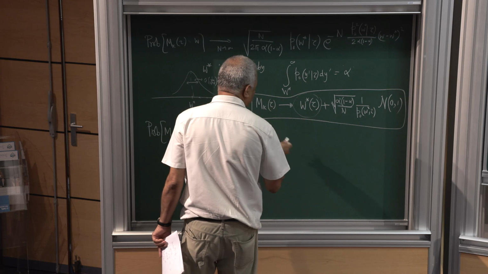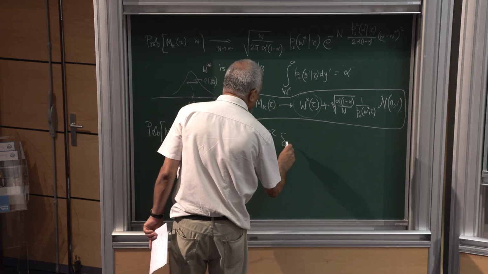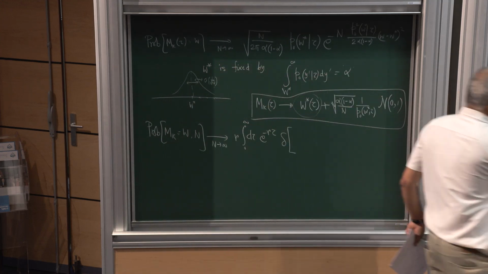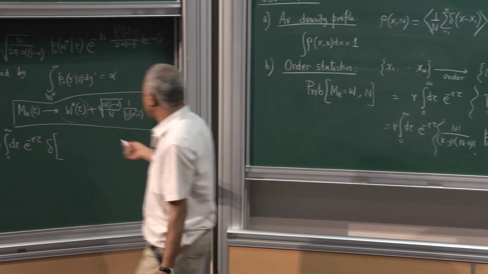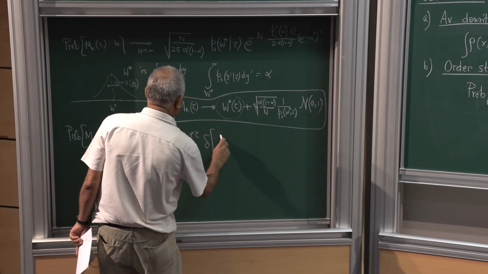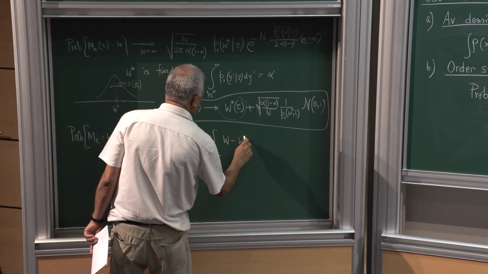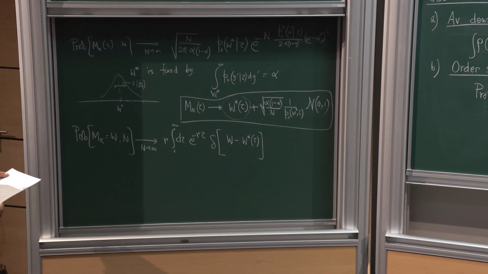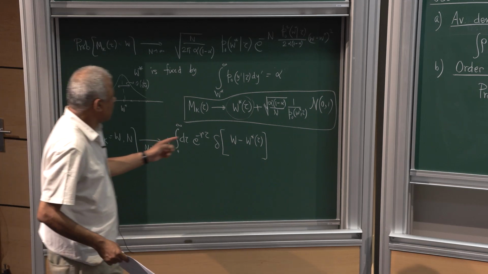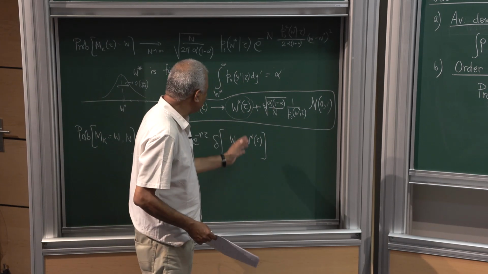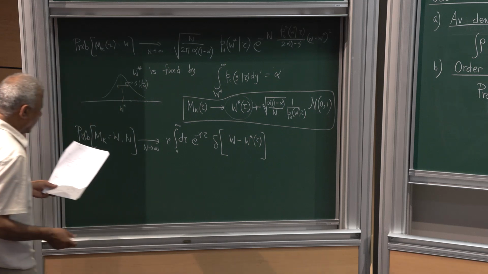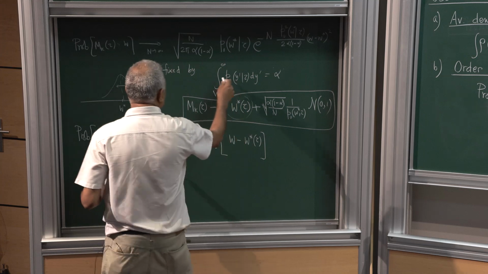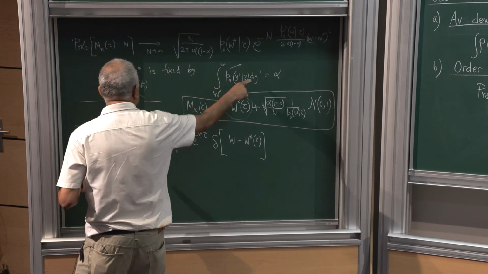To leading order, if you are interested, you can do it systematically with a large n expansion, but at leading order it's enough to replace this whole object by its expectation value. This fluctuating part gives rise to lower order corrections. So essentially, you can evaluate this W star by just putting this Gaussian thing here.